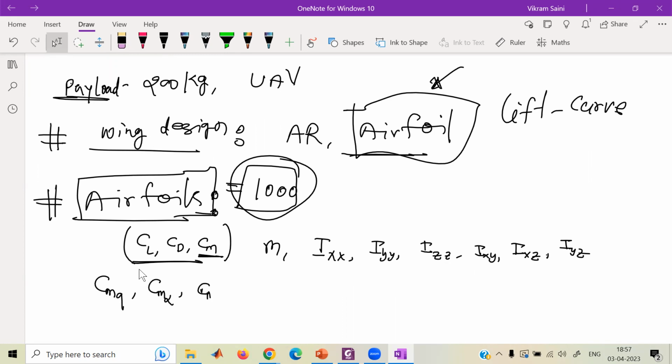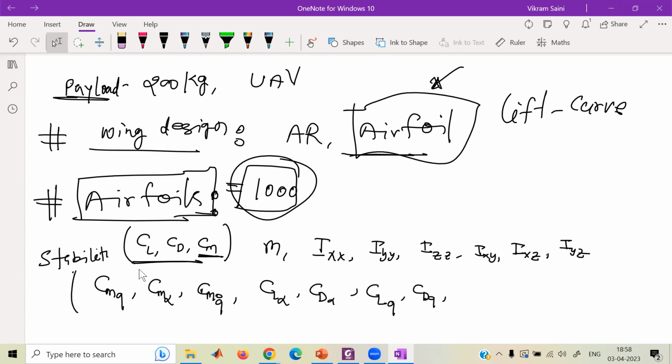CM also depends upon angular acceleration. Similarly, you already know that CL depends on alpha, CD depends on alpha, CL will also depend on Q, right? Similarly, you have CD depending upon Q, right? So these are called derivatives, stability derivatives.